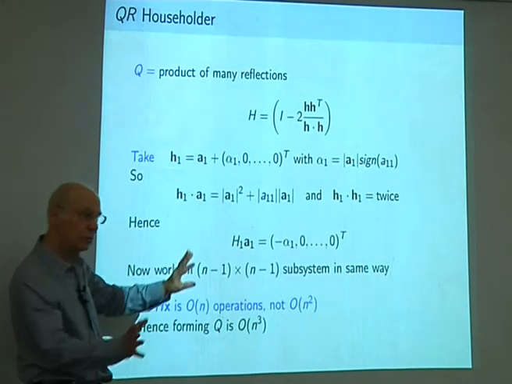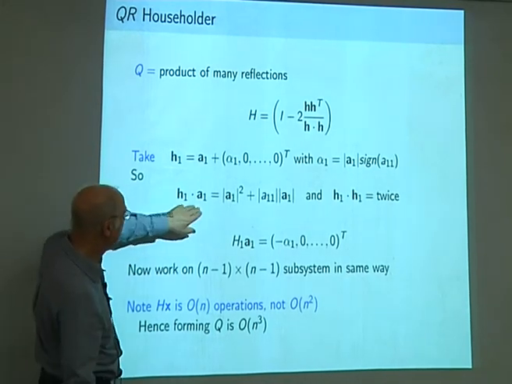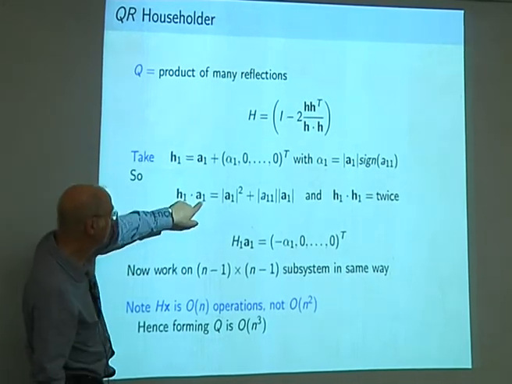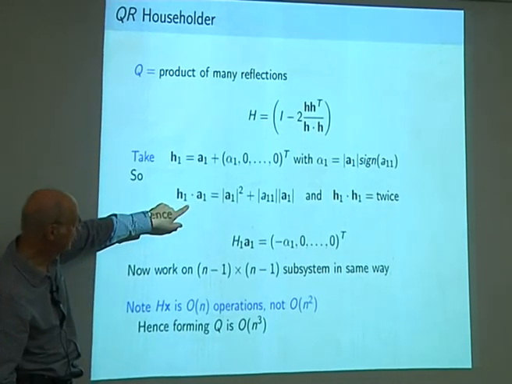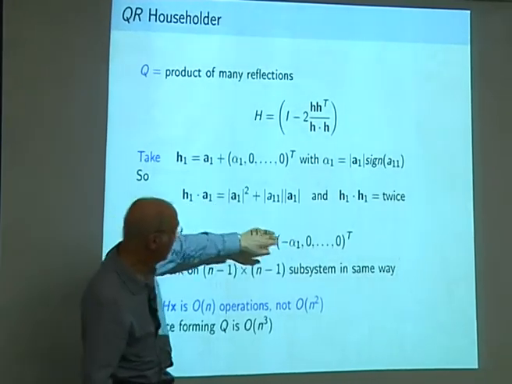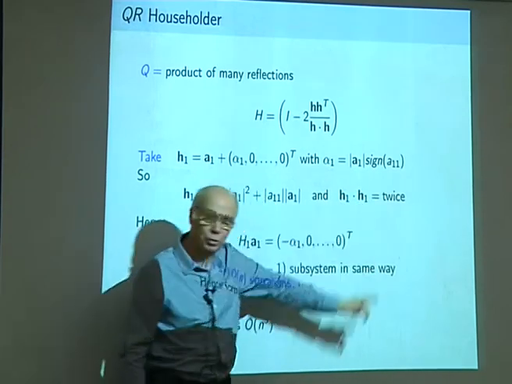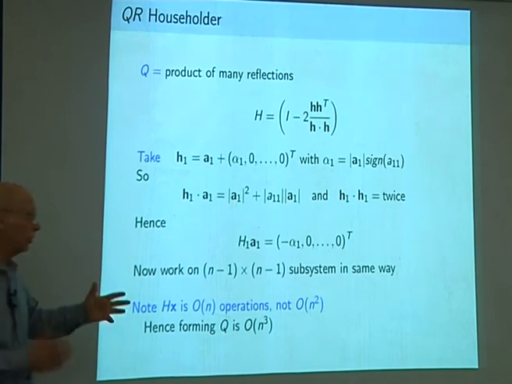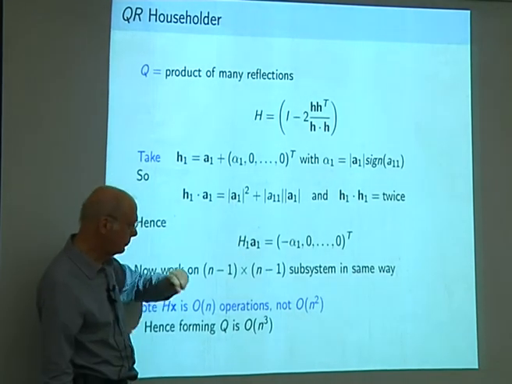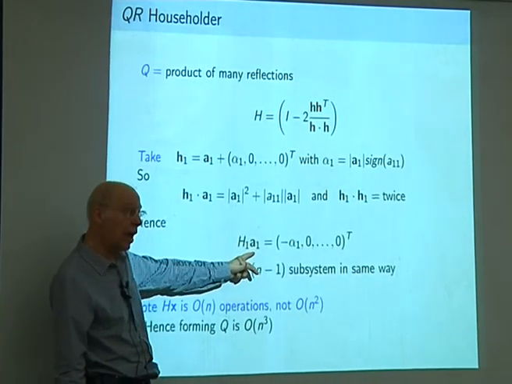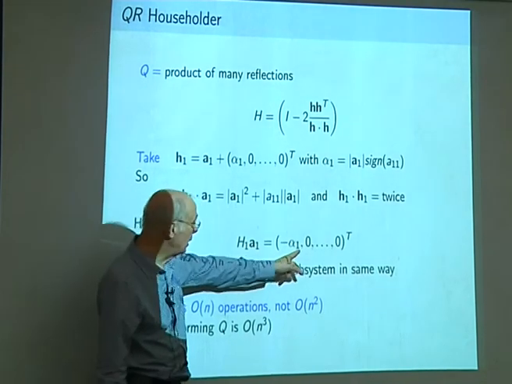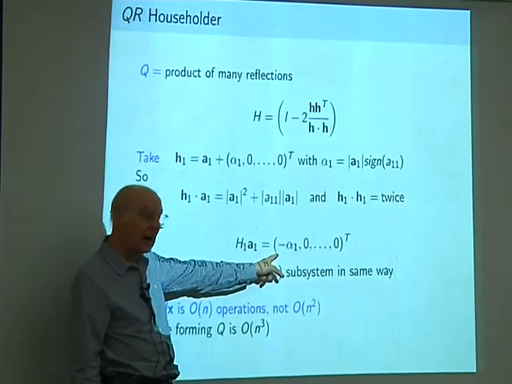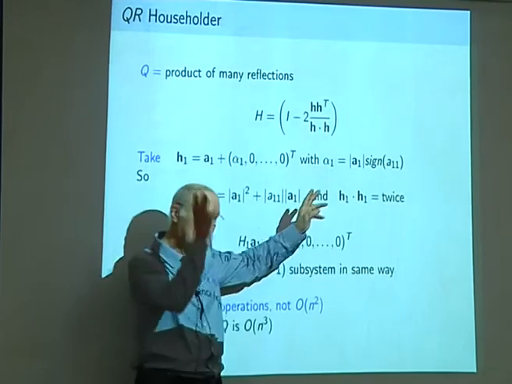Then you go away and do some algebra and decide that H product with the first column A is equal to something, and H product with itself is 2, then you can go over to this expression and check that it truly is a reflection. And if you operate H on the vector A1, you end up coming back with minus alpha 1 and 0 in all the other directions.